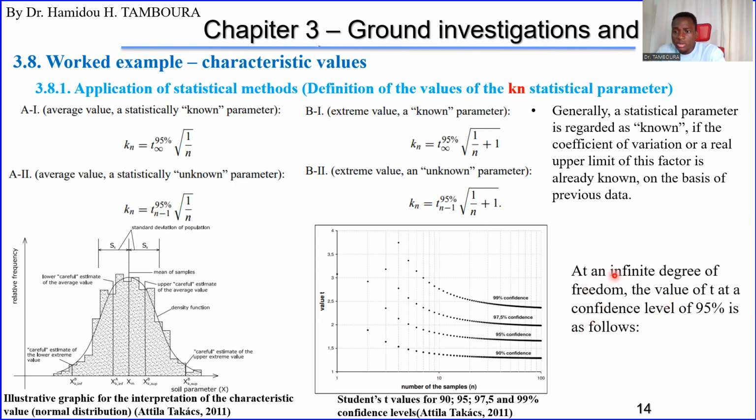Example, at an infinite degree of freedom, the value of T at confidence level of 95% is this value, 1.645. Okay, we have here infinite, the confidence level of 95%, and at infinite degree of freedom means around here.